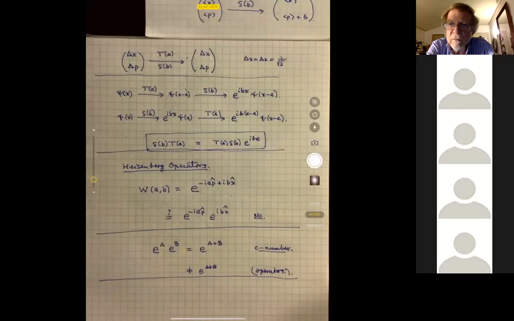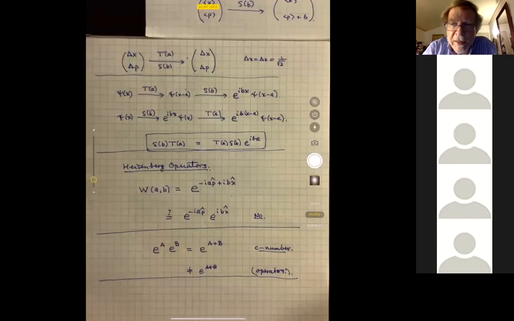Okay. Any other questions? I have a quick question. When we were talking about the translation operator, we had said that the generator of translations is related to the linear momentum.